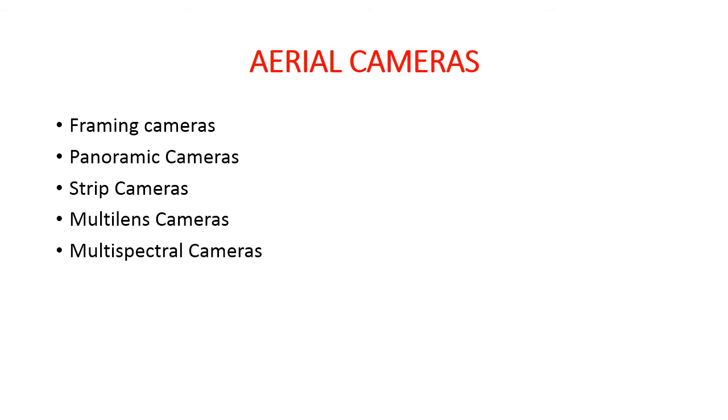So this was about the aerial cameras used in aerial photography: framing camera, panoramic camera, strip camera, multi-lens and multispectral cameras. Now we will see the types of film used in aerial cameras. First type is black and white films and second type is color film.